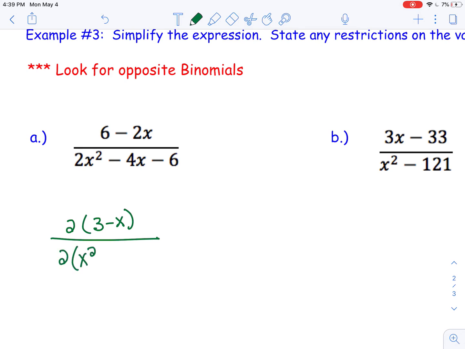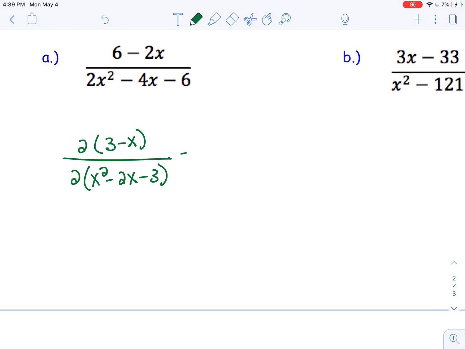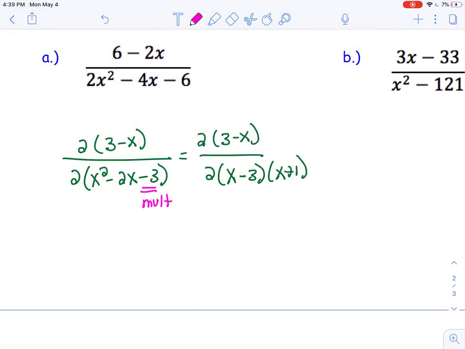So I get x squared minus 2x minus 3. I can continue to factor the bottom, and that's going to give me x minus 3, x plus 1. What multiplies to negative 3 and adds to negative 2? That would be negative 3 and 1.